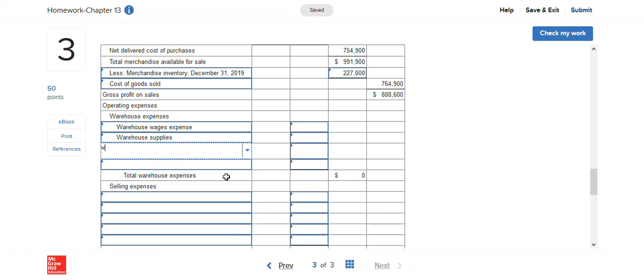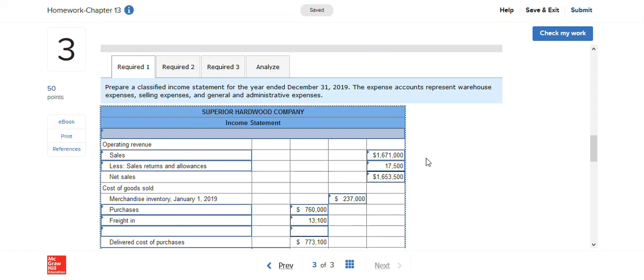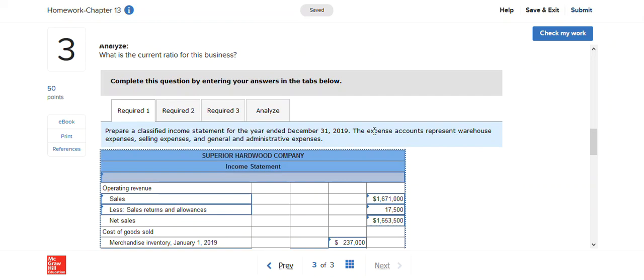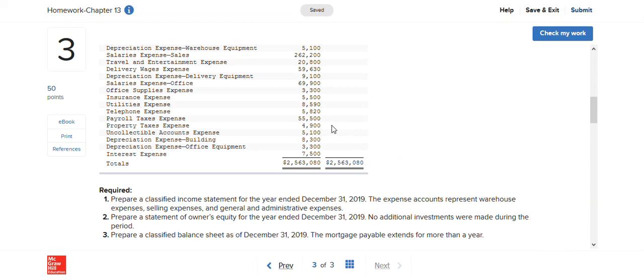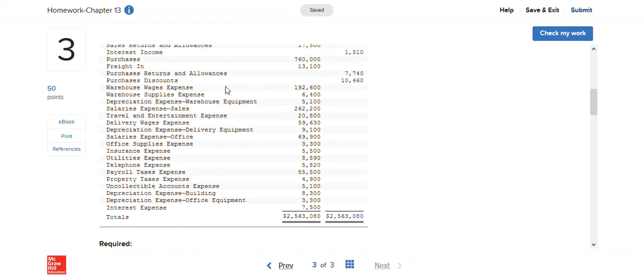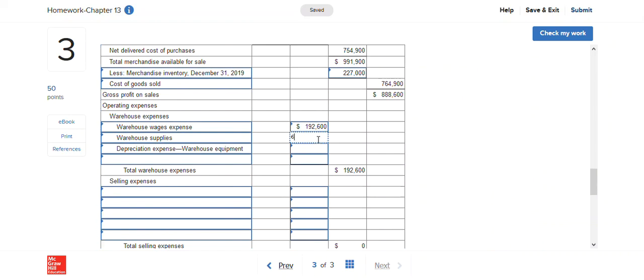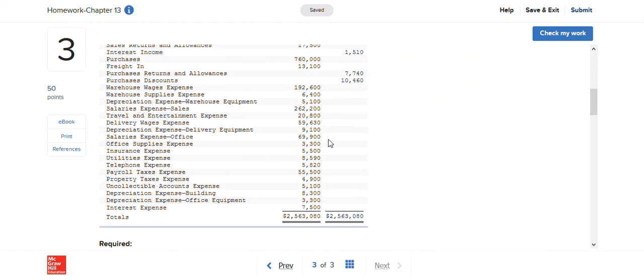It should be just depreciation. There. And let's plug each of those in. All right. And if I remember correctly, there's actually just a blank line that's an extra line. I think that's all the warehouse.